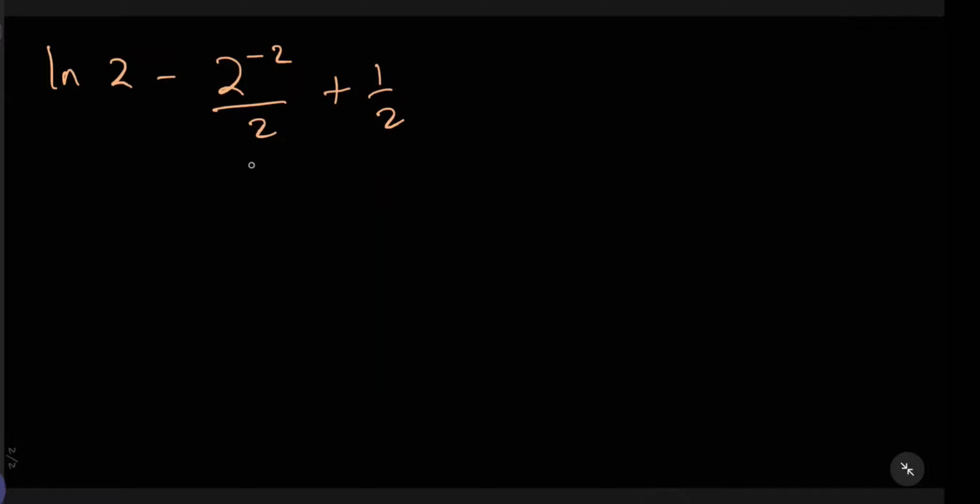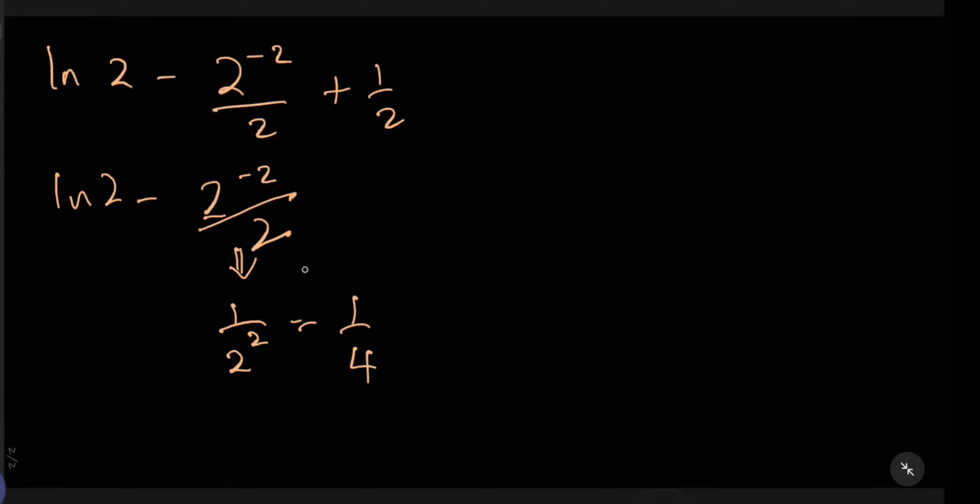I just said that 2 raised to power minus 2 is the same thing as 1 over 2 raised to power 2, which is the same thing as 1 over 4. Now when you have divided by 2, this is 1 over 4 divided by 2, which is the same thing as 1 over 2 of 1 over 4, right? So that gives us 1 over 8. So this expression gives us 1 over 8.